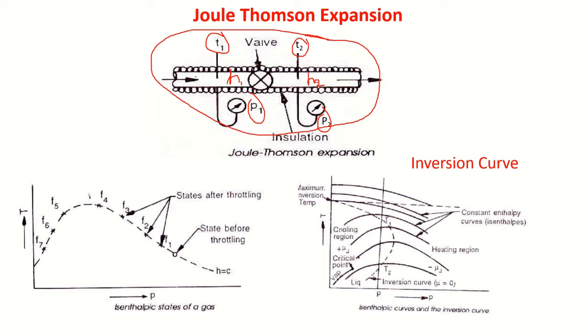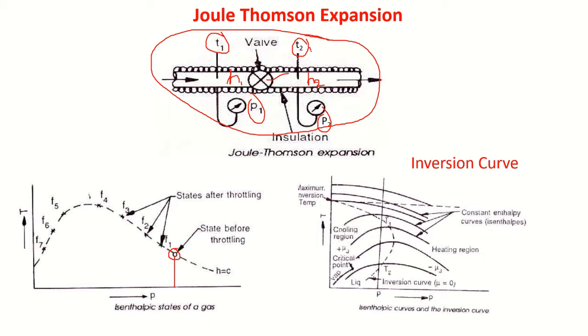Let us conduct certain experiments on this. To begin with, let me keep some temperature T1 and pressure P1. Let me consider this is the initial state. Then I open this throttle to a certain position, allow steady state to happen.